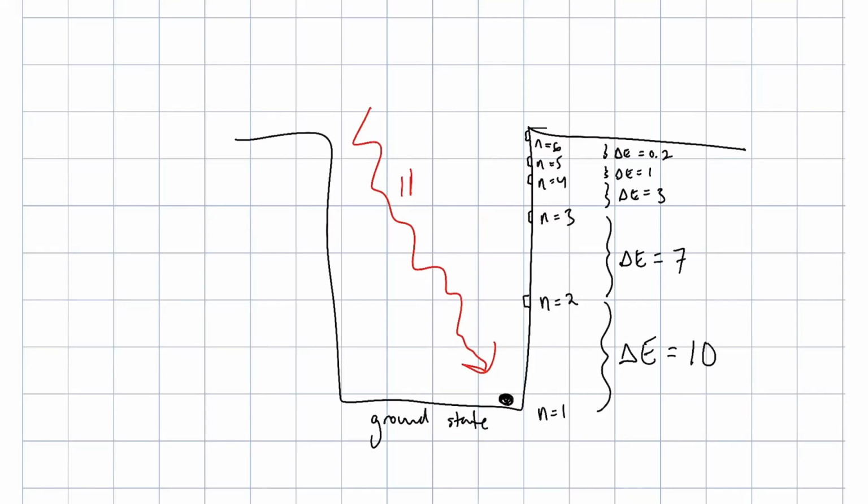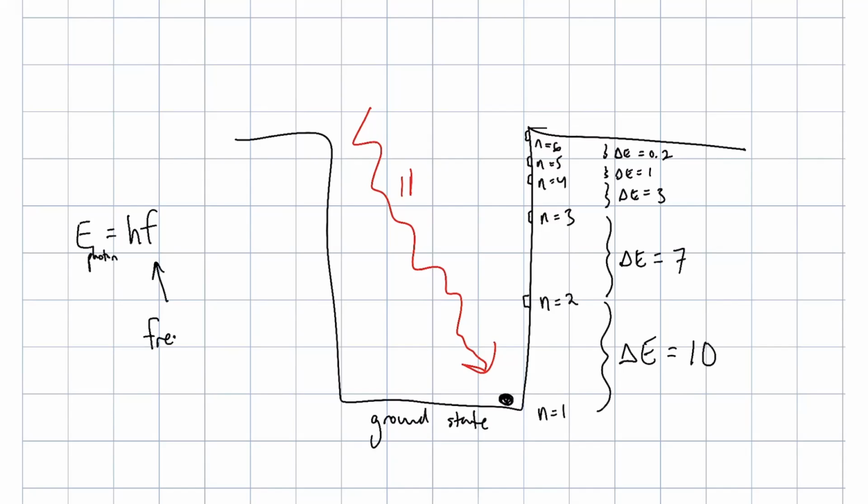Certain colors of light. Well, why am I saying colors? Because in the earlier lecture, we made a direct relationship between the energy of a photon, how much energy the light has, and its frequency.